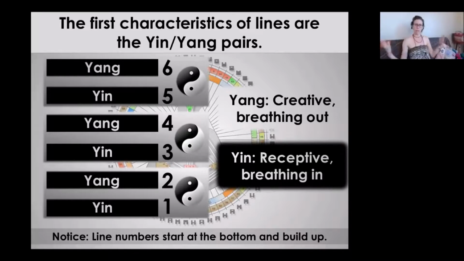Yin is the receptive, feminine, inward breath, and yang is the masculine, creative, breathing out, expressing. The hexagrams are built from the bottom up, each either a yin line or a yang line, 1 through 6.